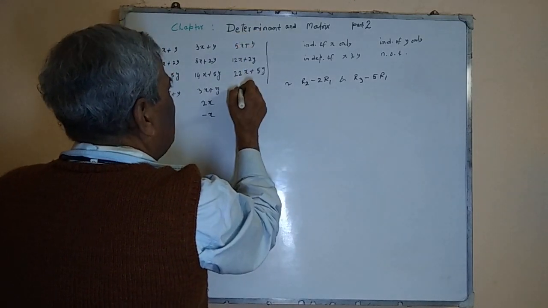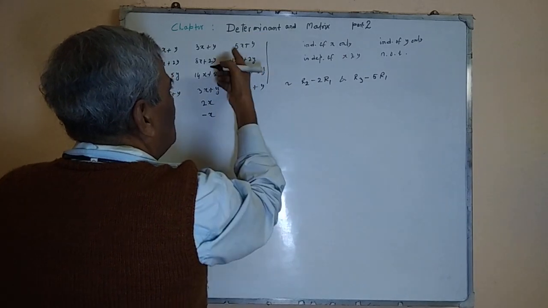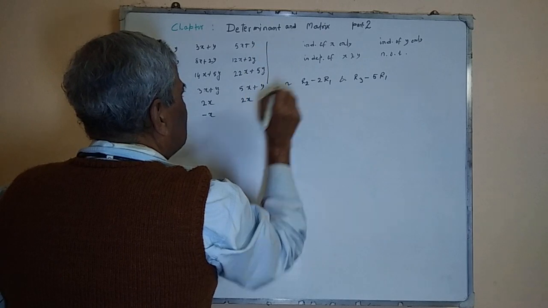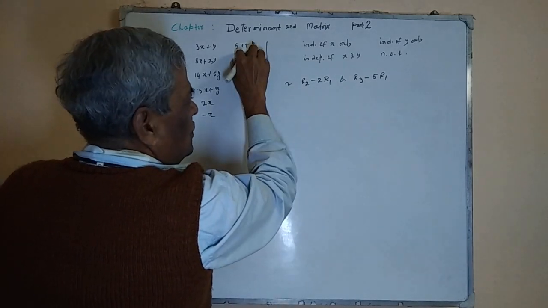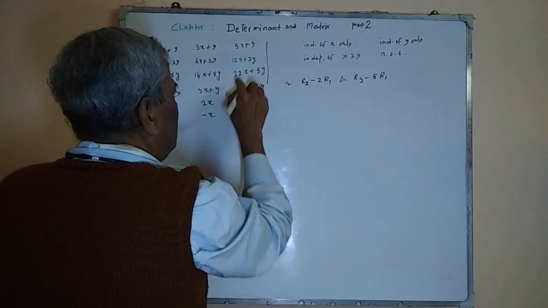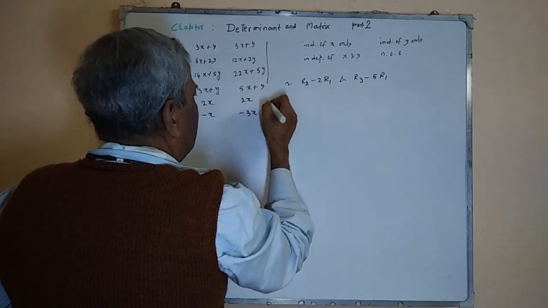And this is 5x plus y, this is 2x plus 0, this is 5 into 5, that is 25, so minus 3x, this is 0.